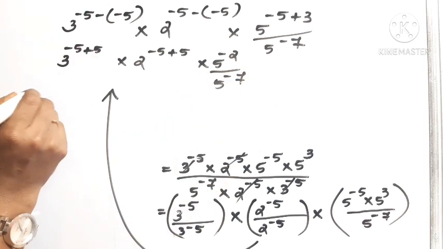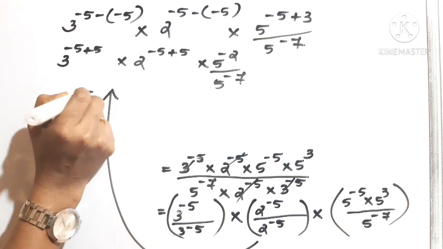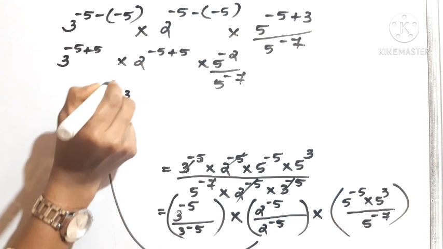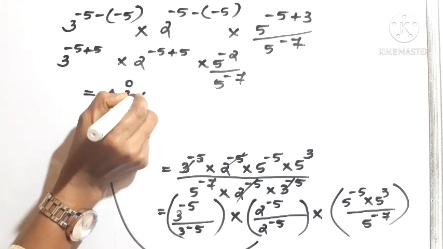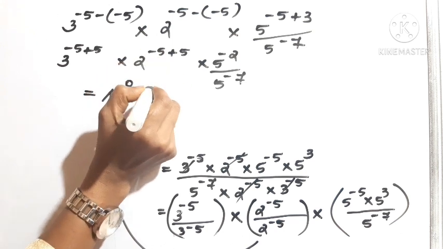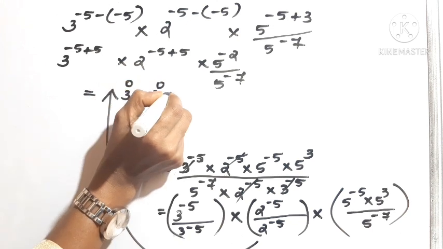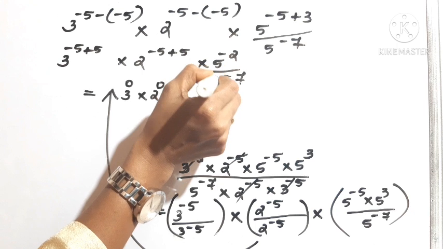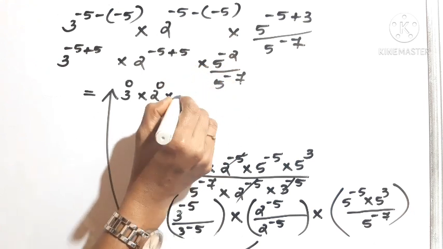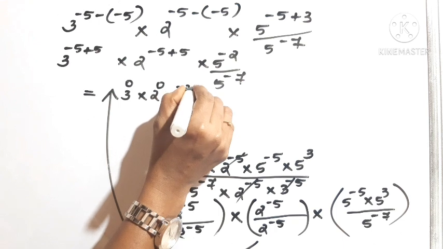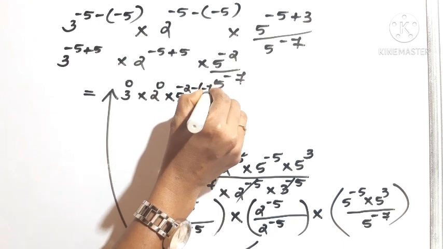This is also equals, listen children, 3 raised to minus 5 plus 5, 3 raised to 0, right? Into 2 raised to minus 5 plus 5 also equals 2 raised to 0 into 5 raised to minus 2 divided by 5 raised to minus 7 equals 5 raised to minus 2 minus minus 7.